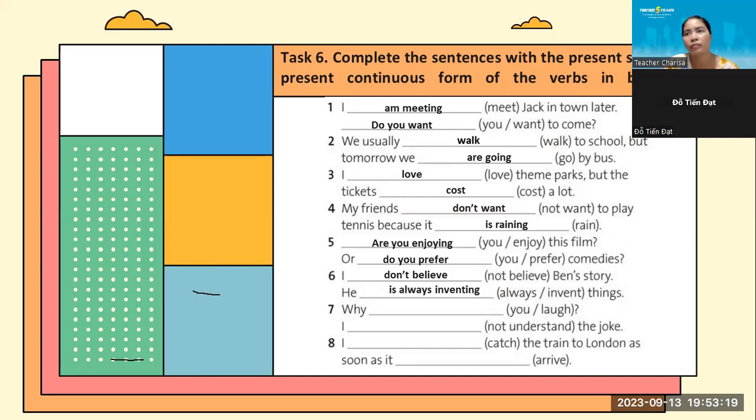Why are you laughing? Or why do you laugh? Next. I don't understand the joke. Very good. How about number 8?